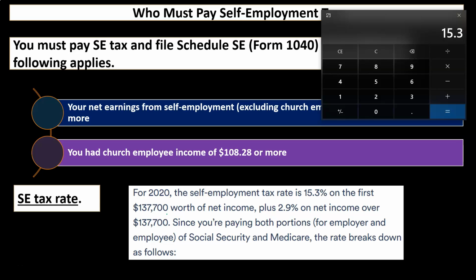So that means if you earn more money over $137,700, then you stop paying part of the Social Security half, meaning the 6.2% times 2, that 12.4. You're going to stop paying it after you get to the $137,700. Why? Because after that point in time, you're not getting any benefit according to the current program.